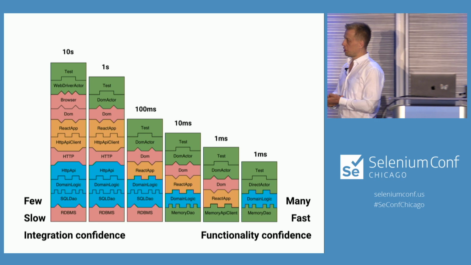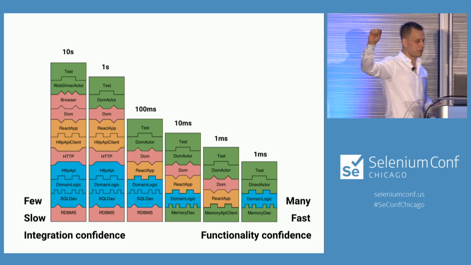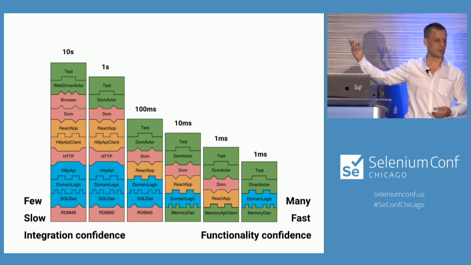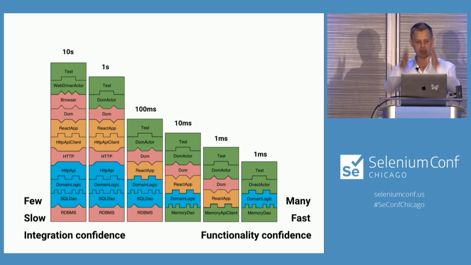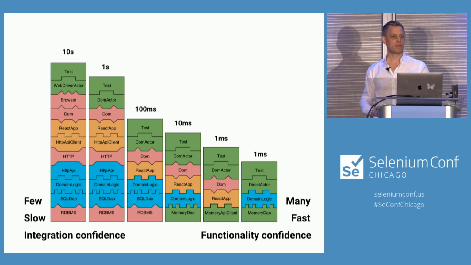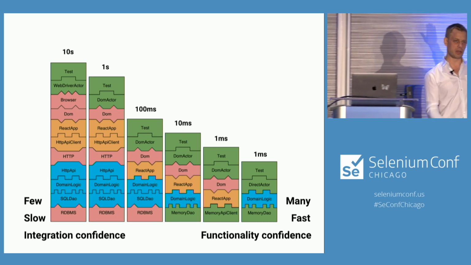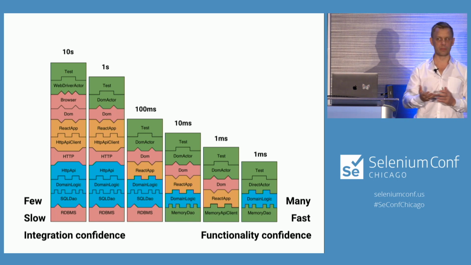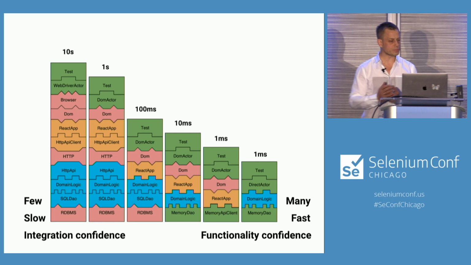So you'll notice here that the tests at the top, they're the same. That Lego that sits on top of each of those piles is the same test. But it's running in a different assembly. For each column, you've got a different kind of assembly of different components. The one on the left has all of the production components, and the further you go to the right, we've swapped out some of those components with fakes or stubs or mocks.